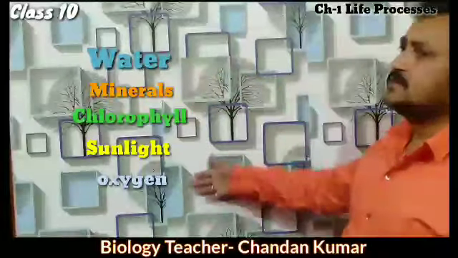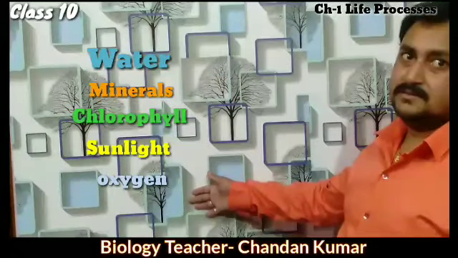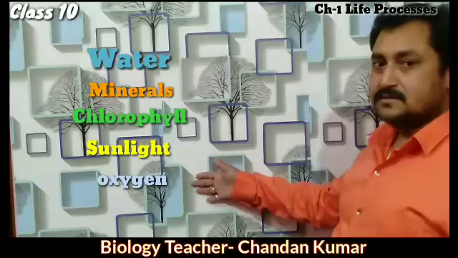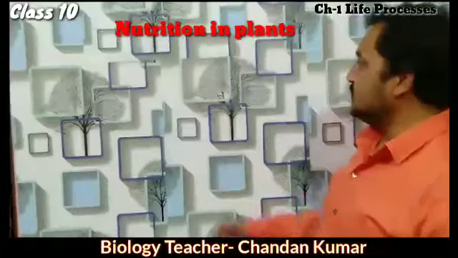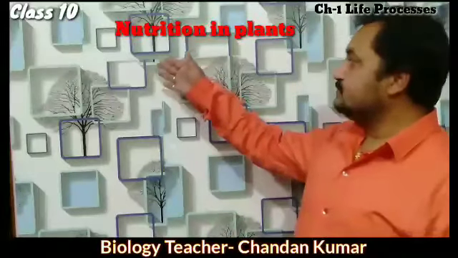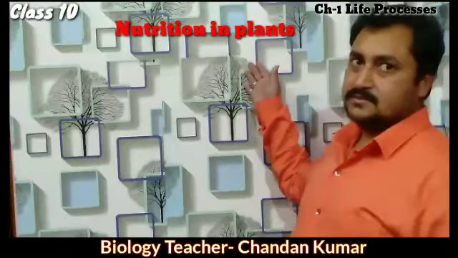And dear students, photosynthesis is the first process for nutrition in plants. Firstly I introduce nutrition in plants, and afterwards I will discuss nutrition in animals. So today we discuss only nutrition in plants.